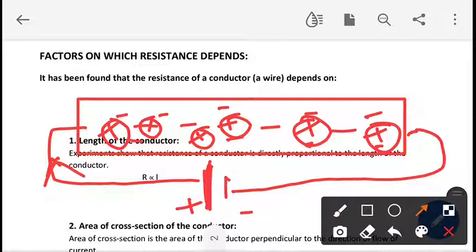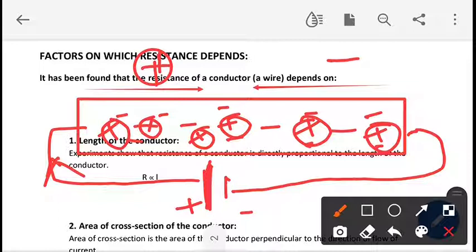I want to say that in this direction positive charges are moving, and in this direction negative charges are moving, and these positive charges will obstruct the path of the electrons.